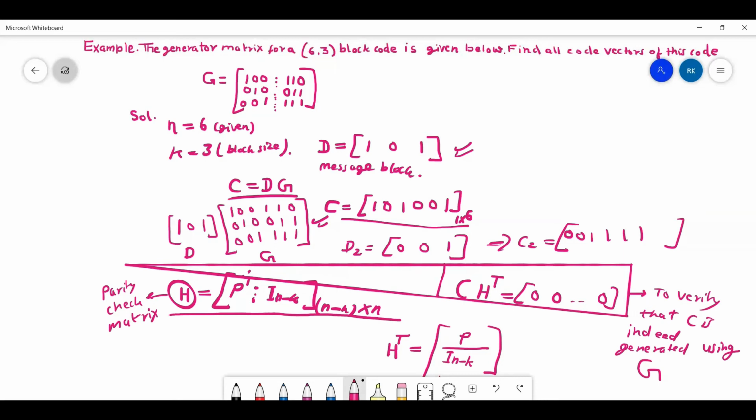So this calculation is being done to tell you about the existence of a syndrome of the received vector. This syndrome is nothing but this zero vector. That is the syndrome.